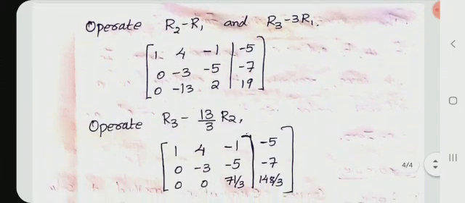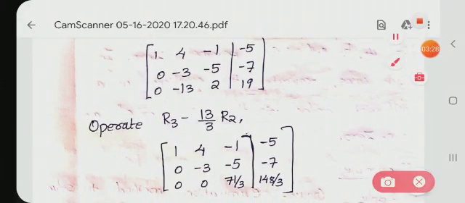So the matrix is not yet an upper triangular matrix. Now we fix the leading entry in the second row as minus 3 and then convert the minus 13 to 0 using elementary row transformation. The row transformation for converting minus 13 to 0 with respect to minus 3 is R3 minus 13 by 3 into R2.